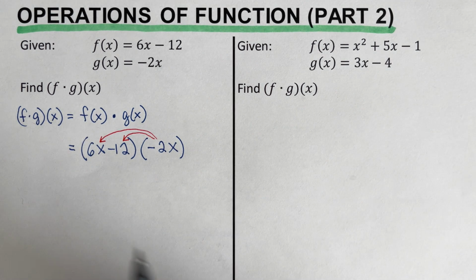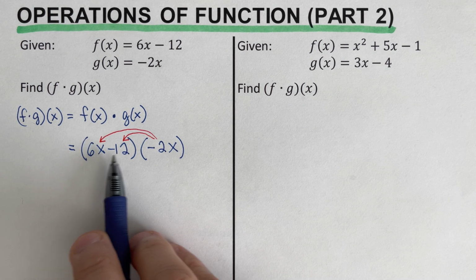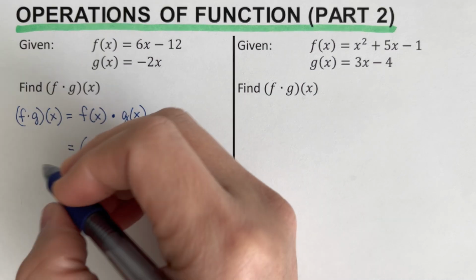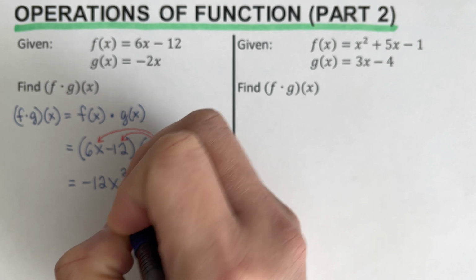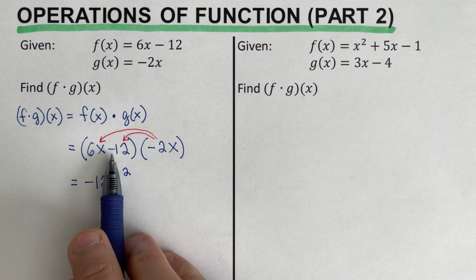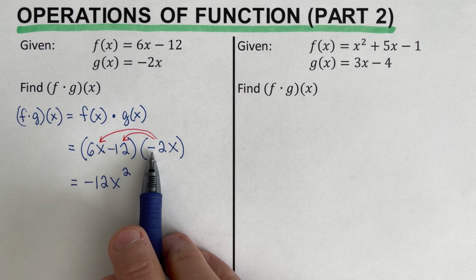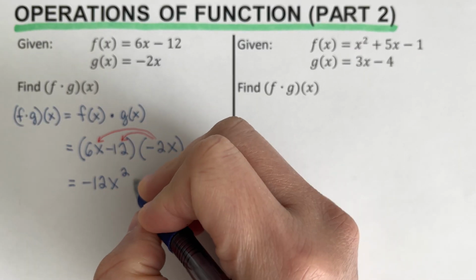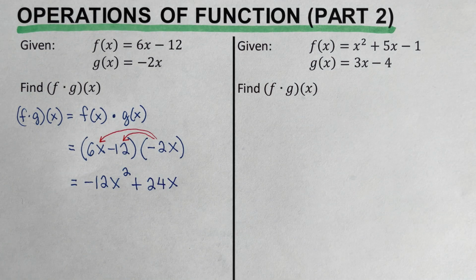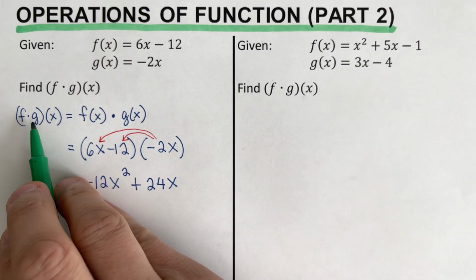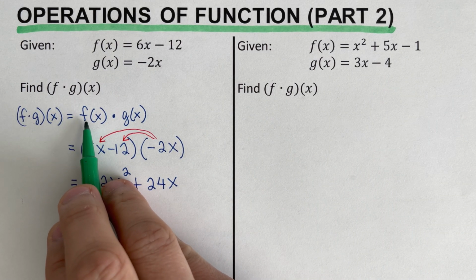So 6x times negative 2x equals negative 12x squared, and negative 12 times negative 2x is a positive 24x. So this is our f times g of x, which is equivalent to f of x times g of x.